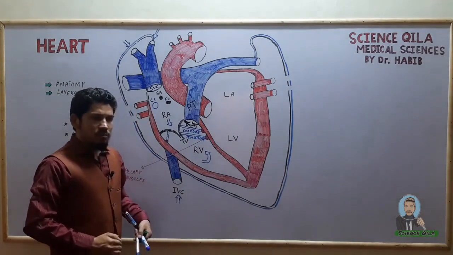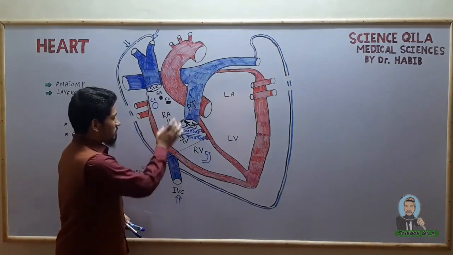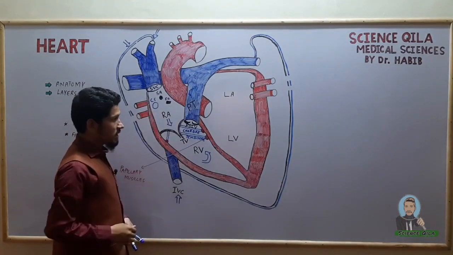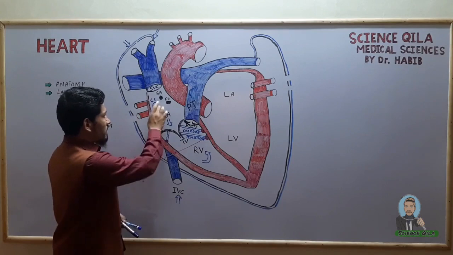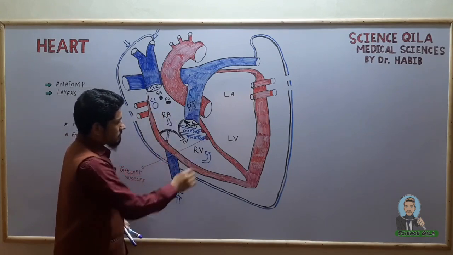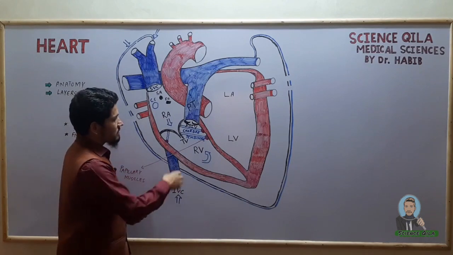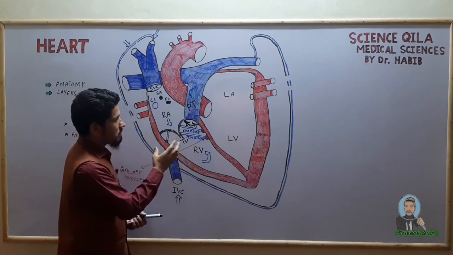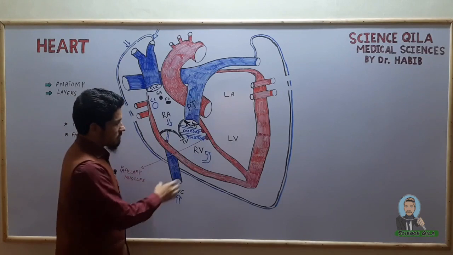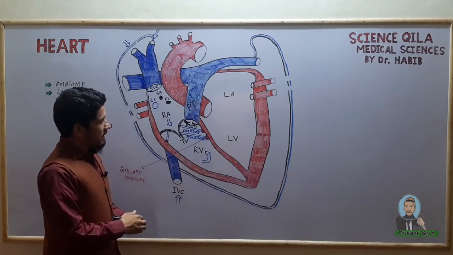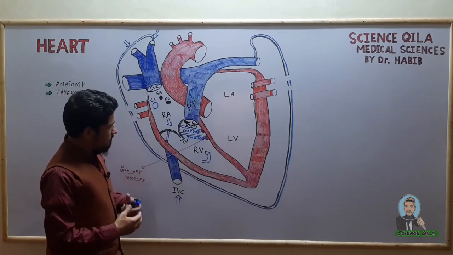So let's recap it now. Blood from all over the body will enter into the right atrium through the inferior and superior vena cavas and through the coronary sinus. Then the blood will pass to the right ventricle, passing through the tricuspid valve, and will be pumped into the pulmonary trunk by the right ventricle. Here I have one very important thing.